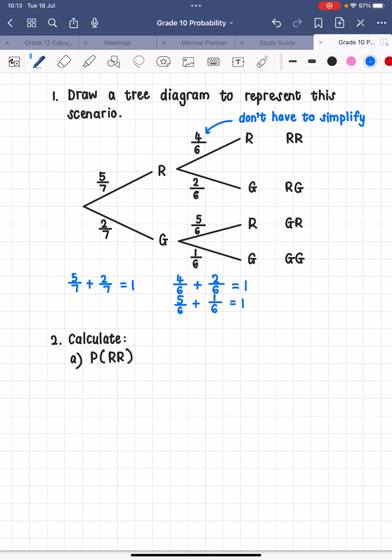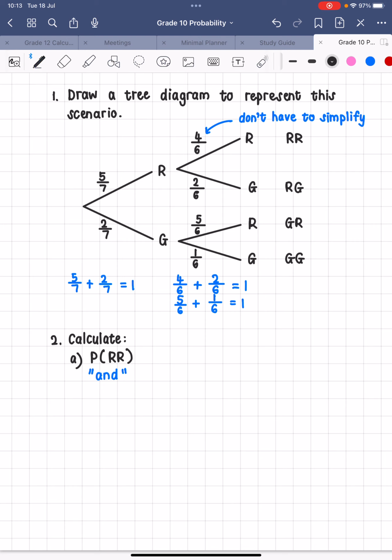Guys, I want us just to note here that this is an AND question, because we are going to talk about an AND question versus an OR question. They didn't use the word AND, but I could have written in words, calculate the probability that both sweets are red. Does that make sense? First sweet red and second sweet red, right? Both are red. That means that it's an AND question.